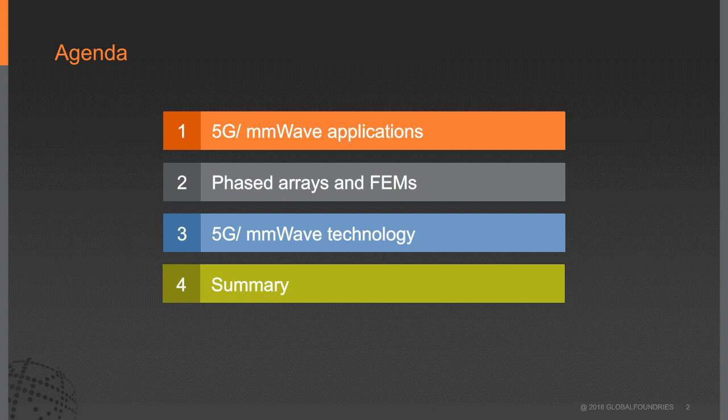Then I'll talk about phased arrays and front-end modules, and give a brief overview of different types of beamforming architectures for phased array antenna systems, followed by the impact of semiconductor technology on the number of phased array elements. Then I will talk about technology to meet the requirements of 5G mmWave applications and end the webinar with a summary and a Q&A session.